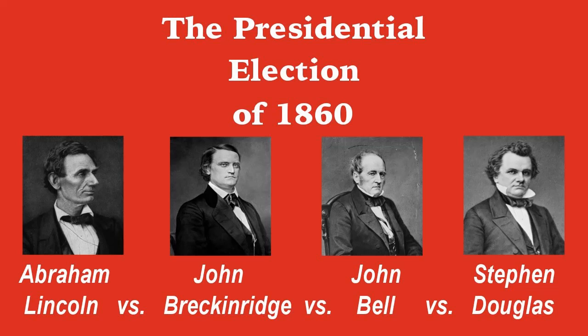The Northern Democrats want to basically keep the status quo and let everybody stay in their corners and say, hey, we're going to live and let live. If slavery stays in the South, it's all good.